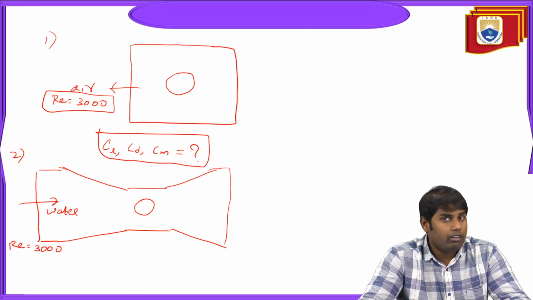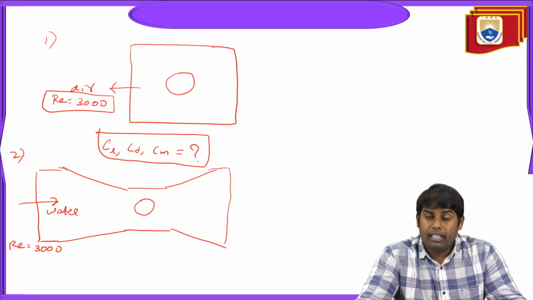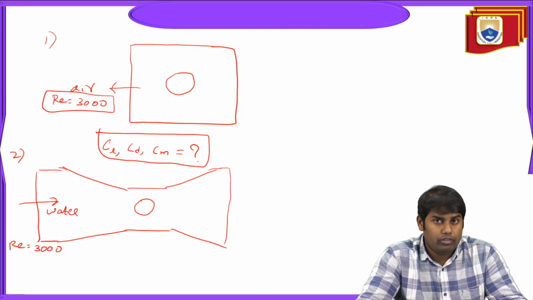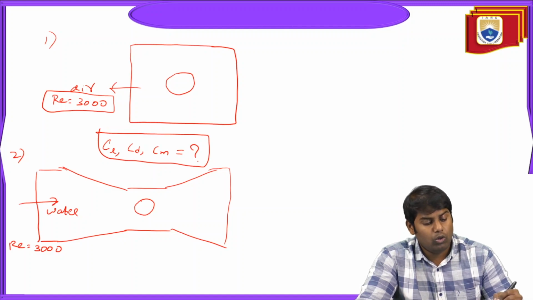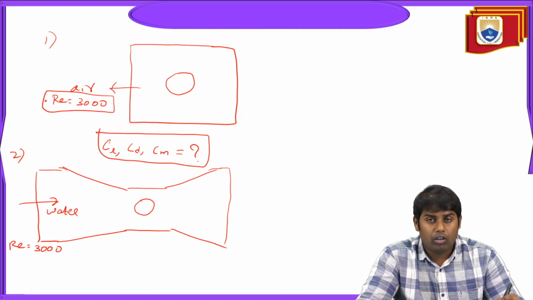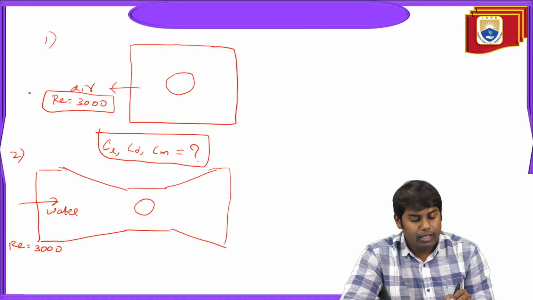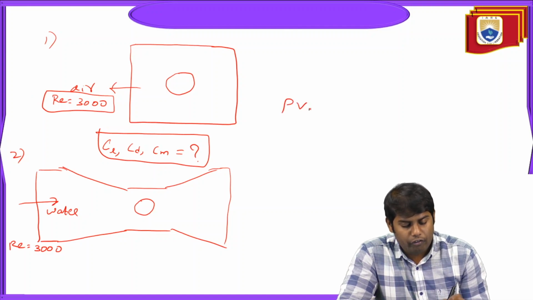So you will think the results will vary for sure, but this is wrong. The results will be the same, irrespective of the fluid, the velocity, and the length. When you are matching the Reynolds number, the Reynolds number is automatically able to adjust the fluid density and fluid viscosity with the parameters rho, V, L by mu.